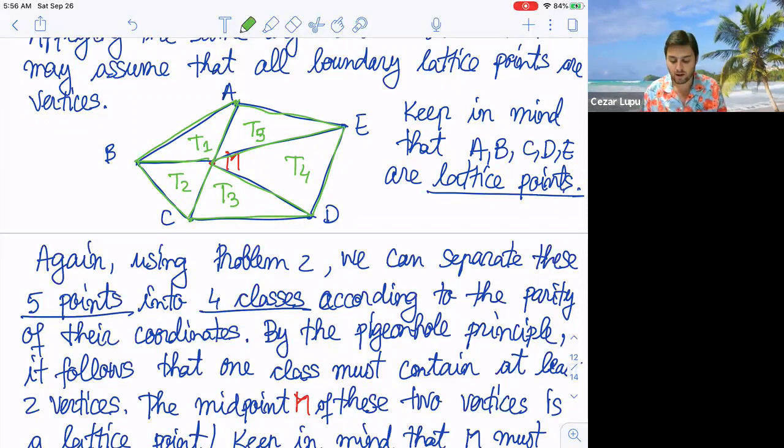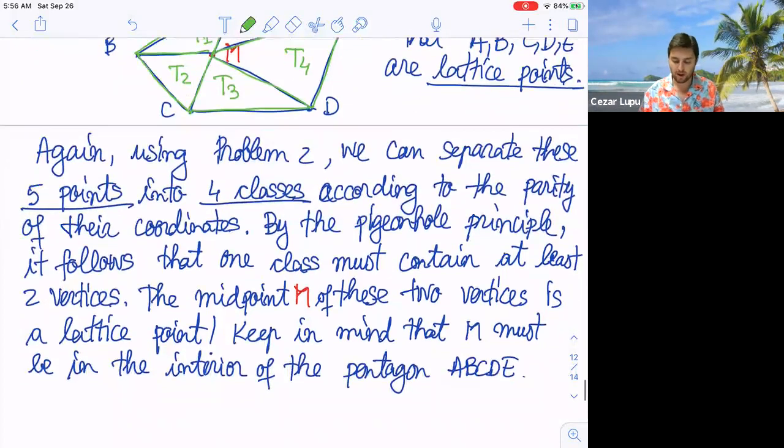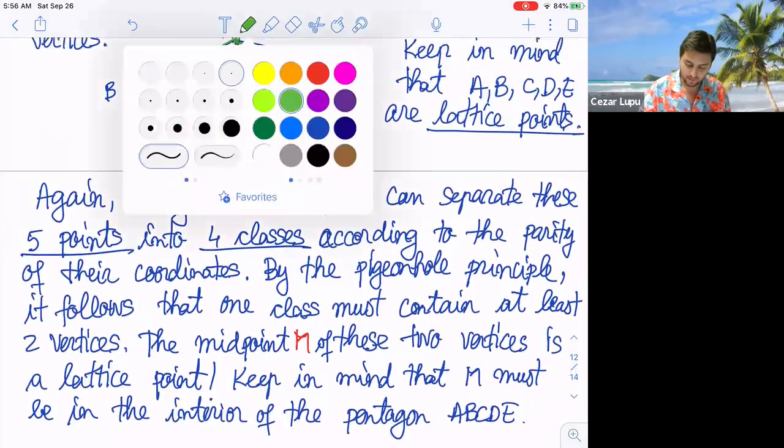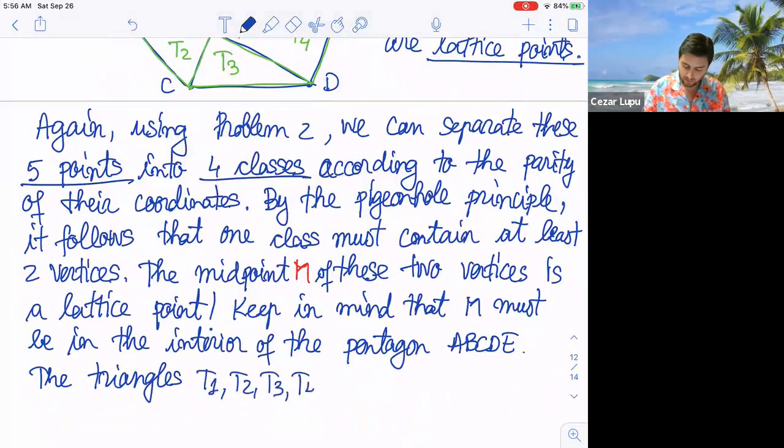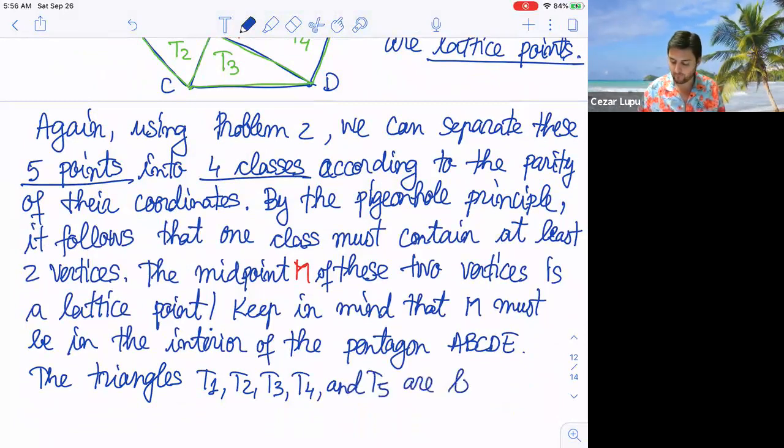If you look at these 5 triangles, all of them are lattice triangles. So the triangles T1, T2, T3, T4, and T5 are lattice triangles.